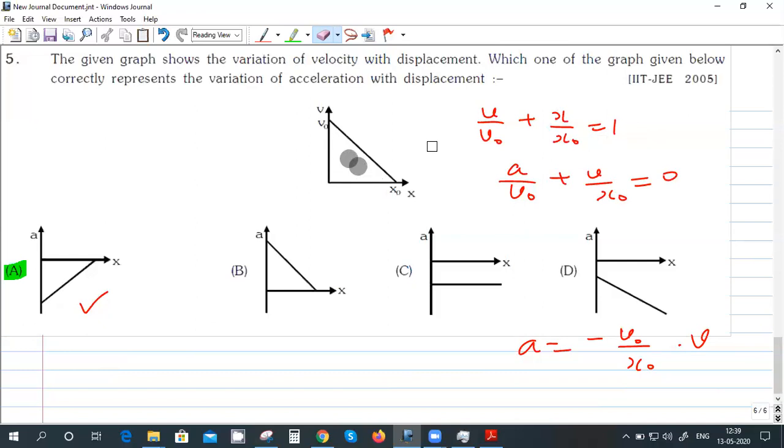Here, this is an intercept form, x by x intercept plus y by y intercept equal to 1. You know how to get this equation, no? Yeah, because the intercepts are v naught and x naught. Okay, so from here to here, how do you get it?